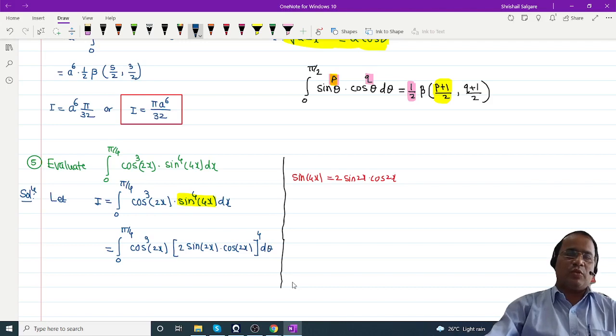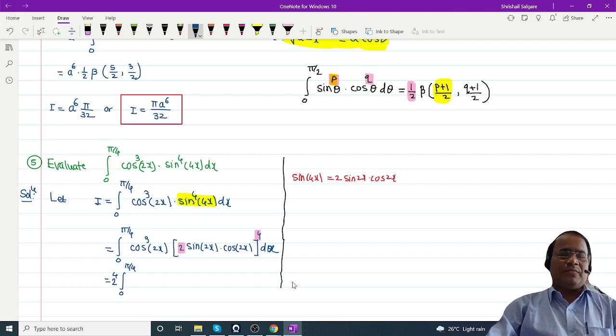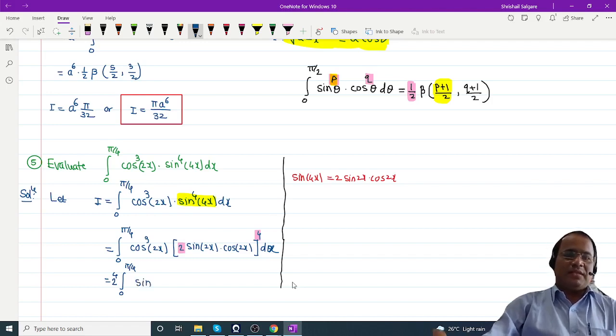Sorry, dx, not d theta, dx. Now the next step, I will take the constant term 2 raised to 4 outside, 0 to pi by 4. Now collect terms. First one is sine of 2x, second one is cos of 2x dx.